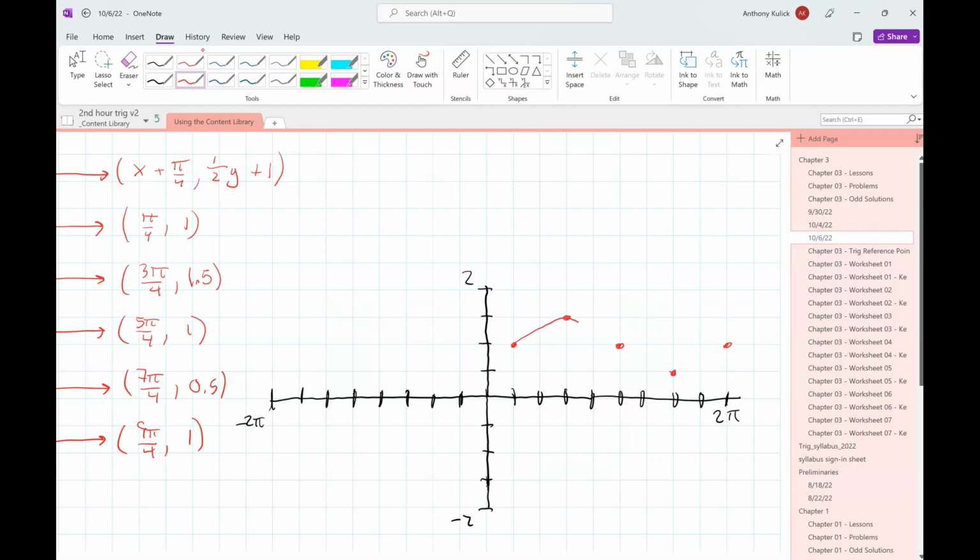And from here, I'm just going to continue the pattern. So I go minimum, back to midline, up to maximum, back to midline, and then one more tick mark would put me down to minimum. And there's my picture.